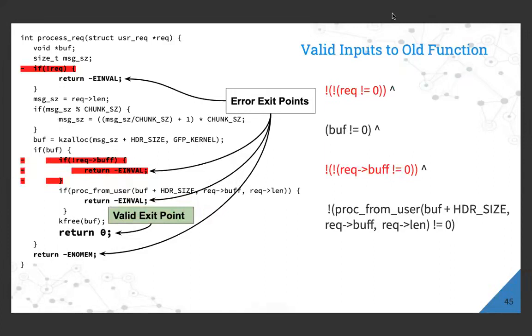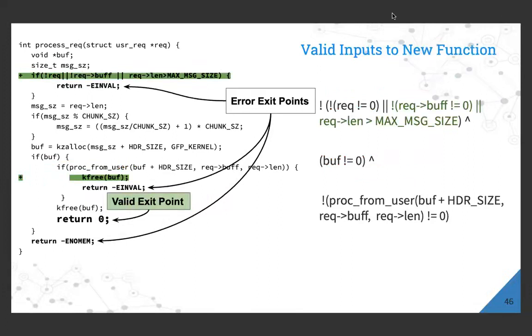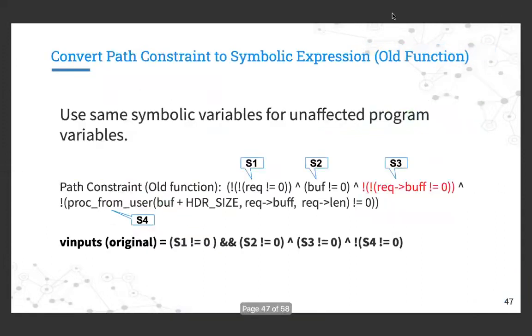Now, all the inputs that can reach the valid exit point can be captured by the path constraint as shown on the right-hand side of the slide. Similarly, the new function has one valid exit point, and the corresponding path constraint is shown on the right-hand side of the slide. Once we capture the path constraint, we use symbolic compilation to convert the path constraint to the corresponding symbolic expression. Basically, here we interpret each instruction using symbolic values for the variables.